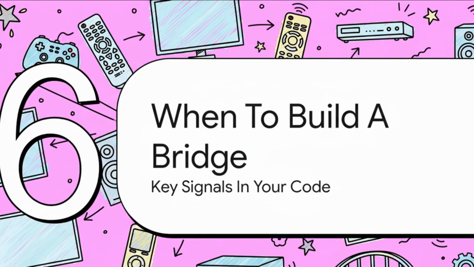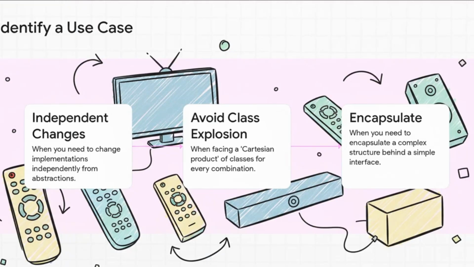All right, let's bring this all home with the most practical part. How do you actually spot the need for a bridge in your own code? When should the little alarm bells start ringing? Here are the 3 big signals to watch for. 1. Use a bridge when you know you need to swap out the how without breaking the what. 2.